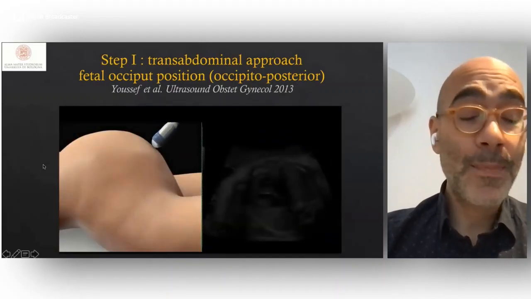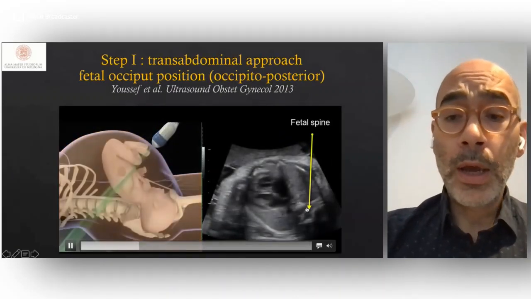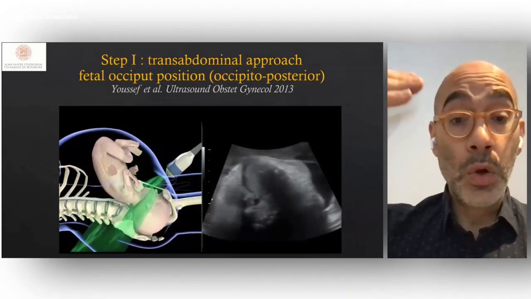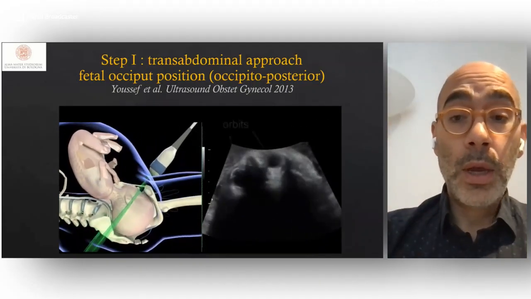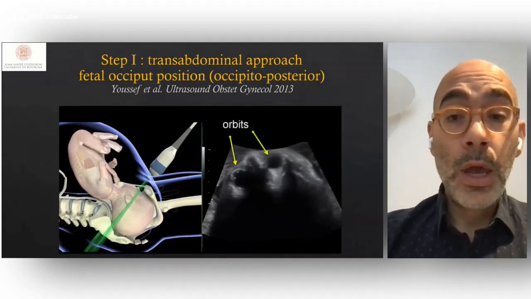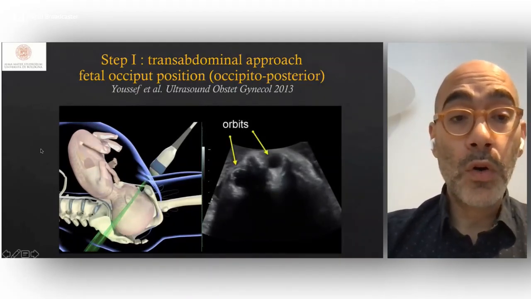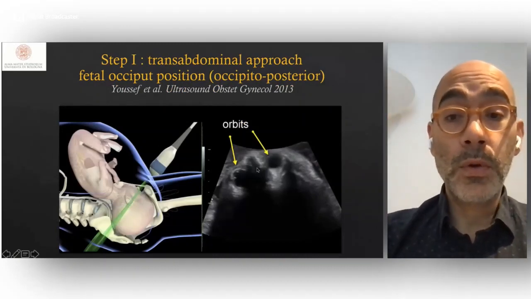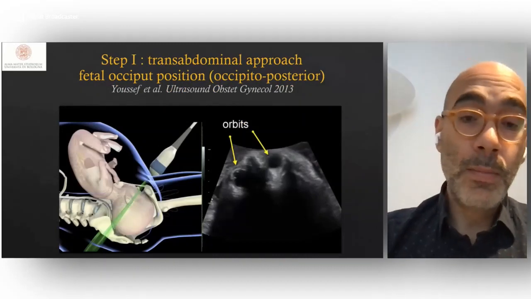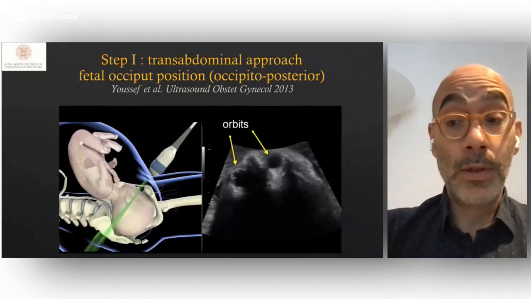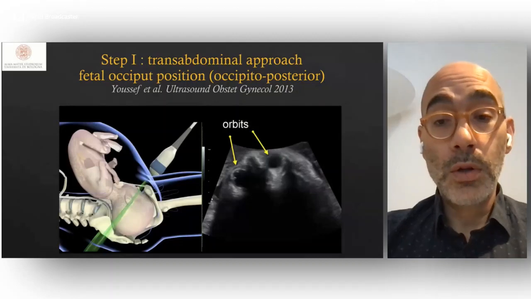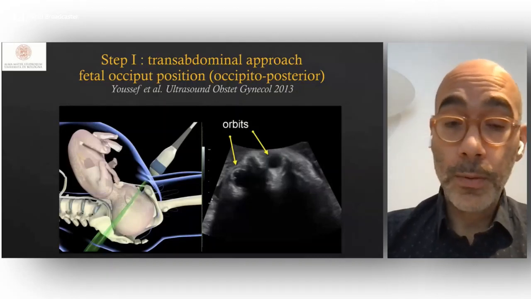By following the same steps, in the case of spine posterior and occiput posterior, we see the spine posteriorly and go down to the suprapubic region. The hallmark of an occiput posterior is when we see the fetal orbits under the transducer. This definitely means that the fetus is facing the transducer, so the occiput is posterior.